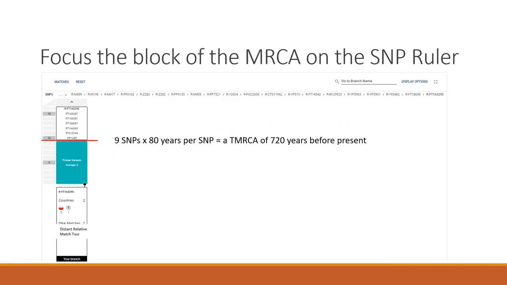And as you can see, now that we've clicked on the block of my most recent common ancestor with our distant relative over there, and also with match number 2, that FT163295 block has been brought over flush up against that SNP ruler, and then we can count up the number of SNPs and/or private variants till we get to the bottom of the block of our most recent common ancestor, and that's 5, 6, 7, 8, 9. So it's 9 SNPs to the bottom of that block.